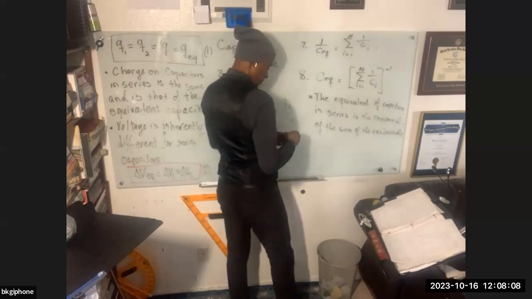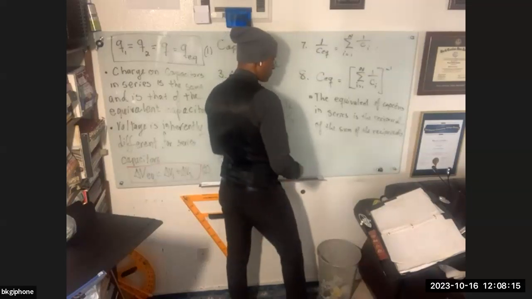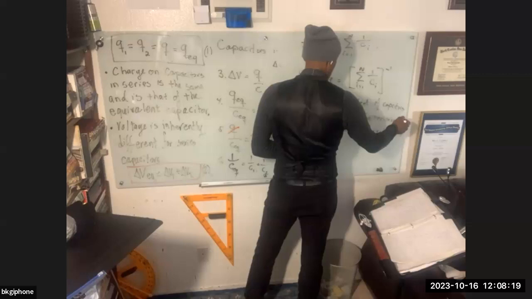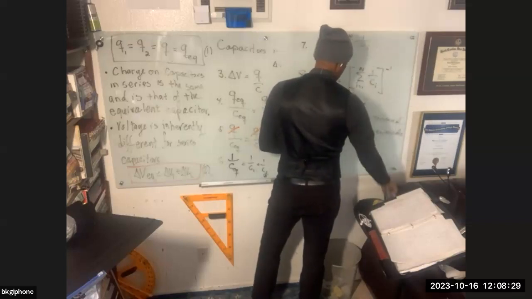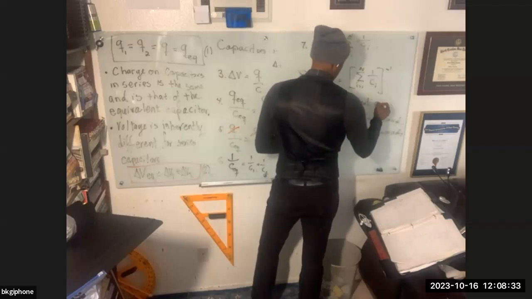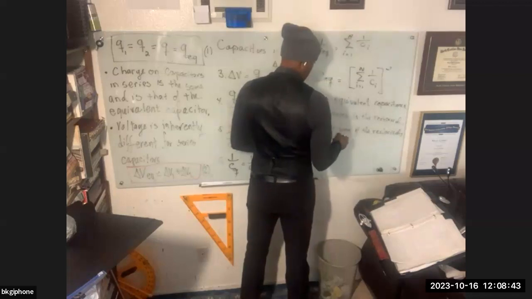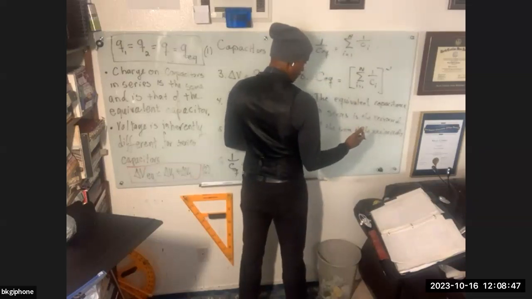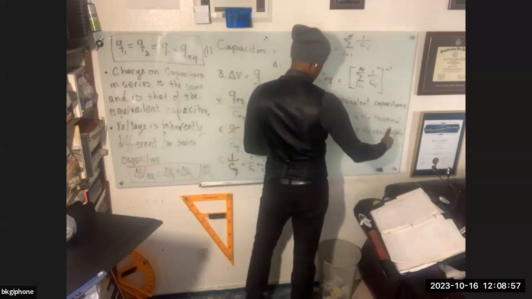Okay? Just write this up. The equivalent capacitance for capacitors in series is the reciprocal of the sum of the reciprocals.